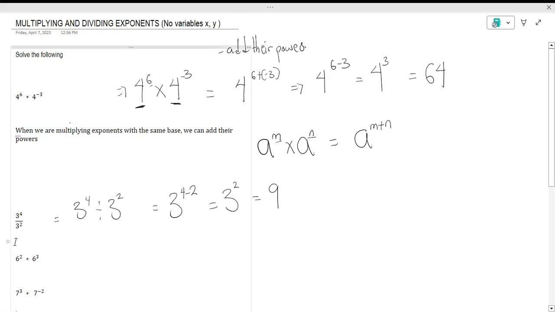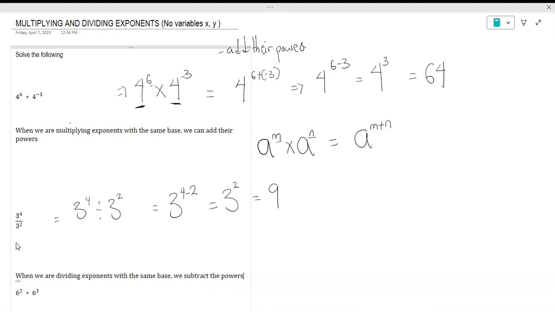So when we are dividing exponents with the same base, we subtract powers.